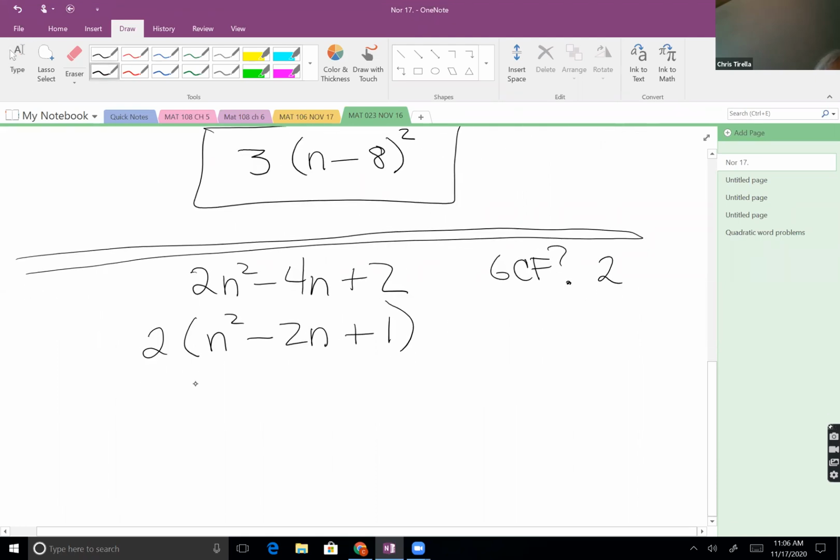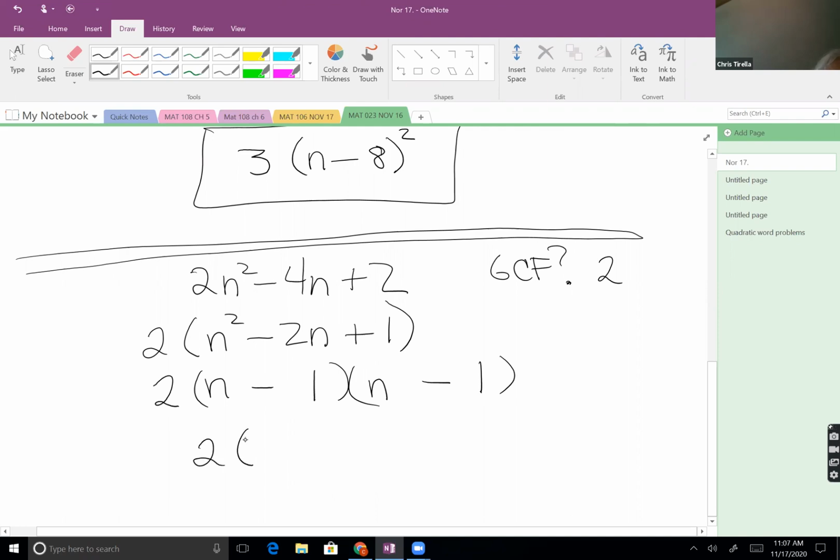And I think that part factors. For n squared, it will be n times n. For 1, it will be 1 times 1. To be a positive 1, my signs have to be the same, both subtraction, but I can't lose that factor of 2.